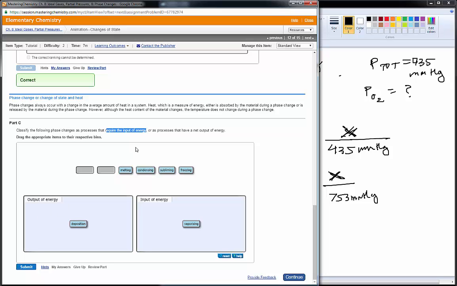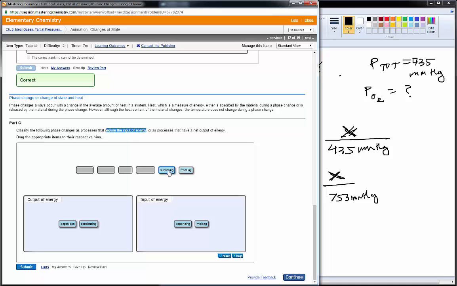Melting is a process of going from a solid to a liquid. Since solids have less energy than liquids, I have to absorb energy in order to make that happen. Condensing is going from a gas to a liquid. Liquids have less energy than gases, so I must be releasing energy in order to go to a lower energy state.